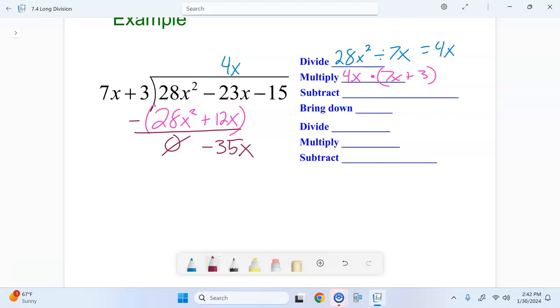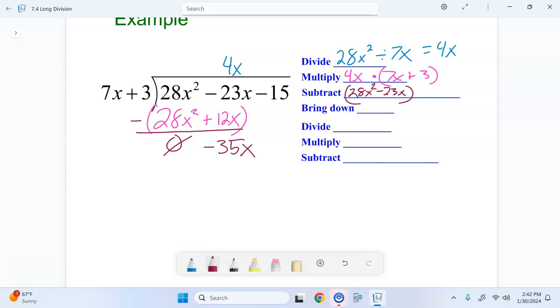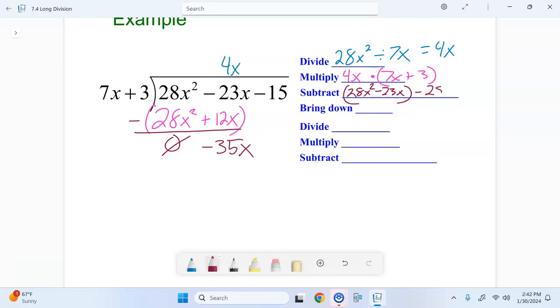Okay? So, negative 23x minus 12x, negative 35x. So we subtracted 28x squared and negative 23x minus that product that we got from the previous step. That's the step 4. Step 4 is to bring down.